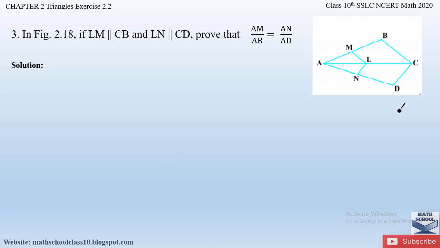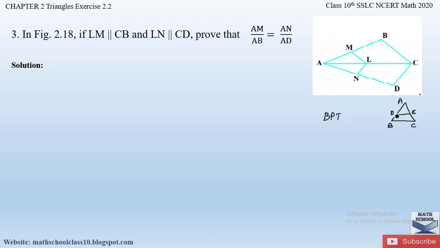Consider a triangle ABC. A line DE is parallel to one of the sides of this triangle, that is, DE is parallel to BC. According to the basic proportionality theorem, if any line DE is parallel to any one side of a triangle, then it divides the other two sides in equal proportions.